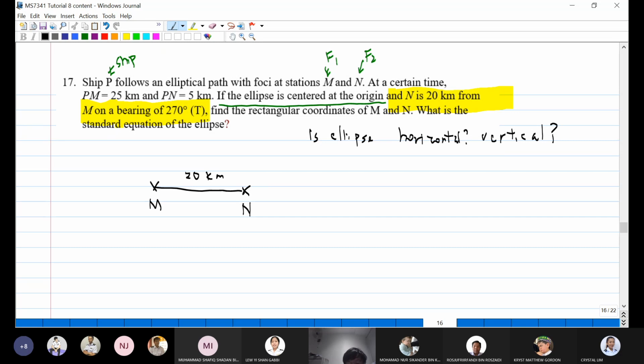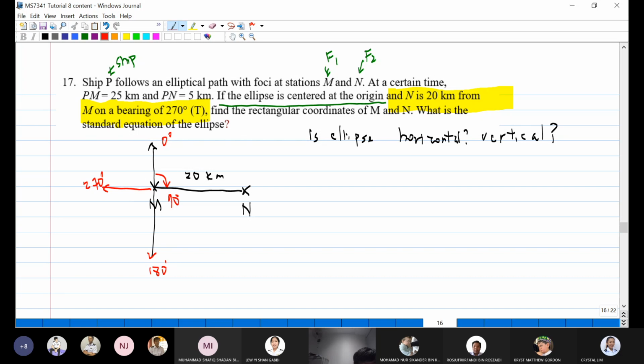Okay, then the bearing from N now. It's starting from N here. So this is N here. How to draw? So we know this is 0 degree. The bearing now: 0 degree, 90 degree, 180 degree, then 270 degree.